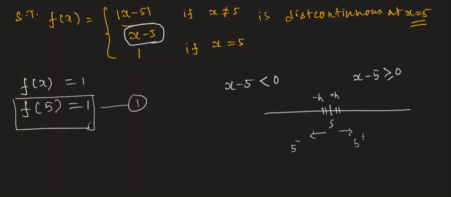Why have I put greater than or equal to 0? Because we have considered x equal to 5 also, so I have to include 5 here. Do you understand? Right.